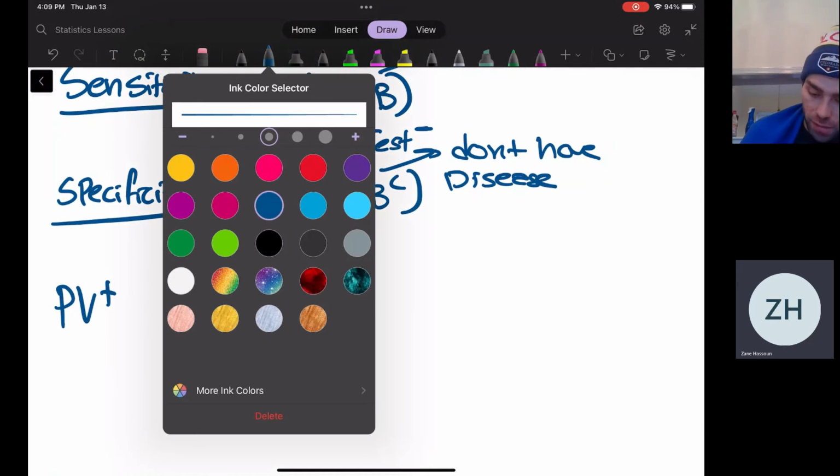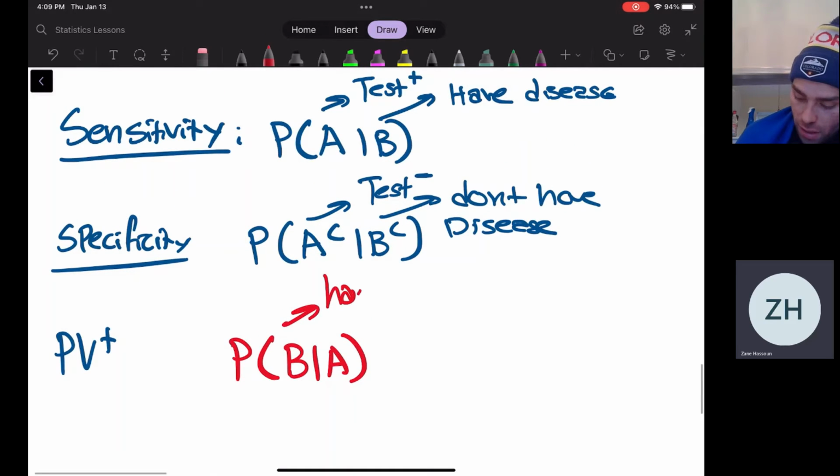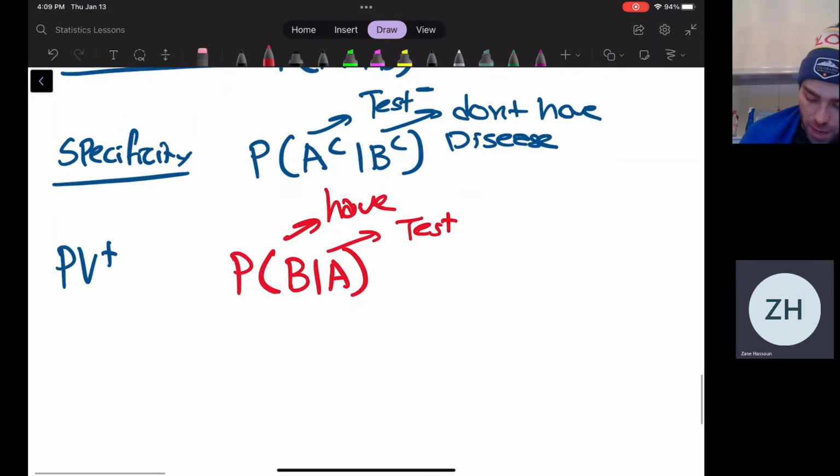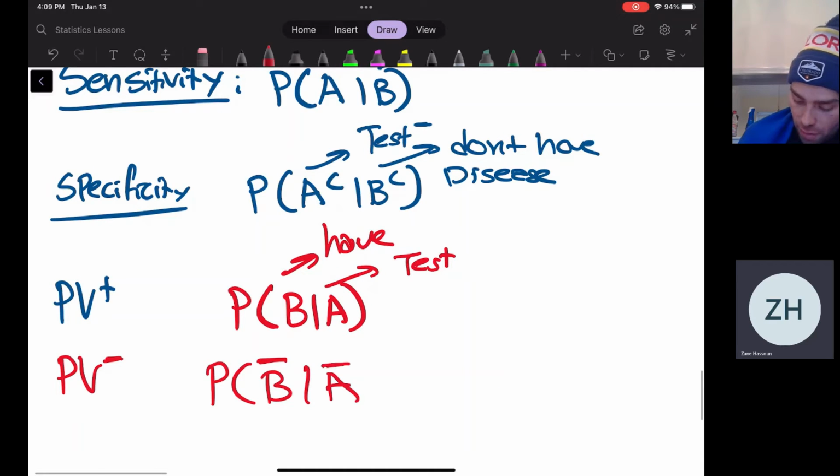So let's get a red pen out. Let's say the probability of B given A. So the probability that they have the disease given they already tested positive. And PV negative would be the probability they do not have the disease given they tested negative.